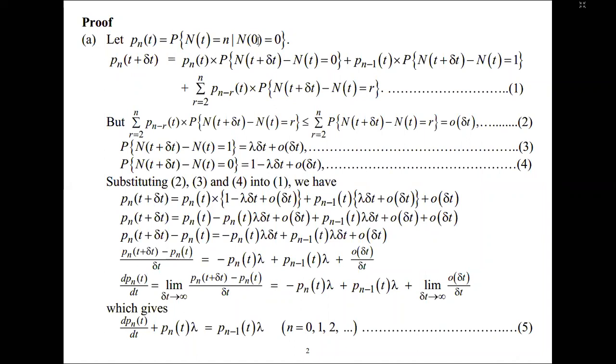So when you see this probability, P of n of t, it means the probability that the number of events occurring between the time frame 0 to t is n, given that initially there was no event at time 0. So we define P of n at t plus delta t as follows.